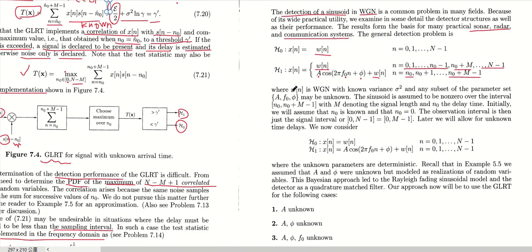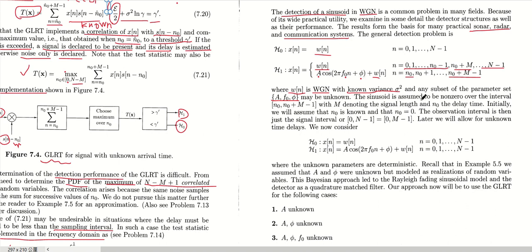Here w[n] is white Gaussian noise with variance sigma squared. Any subset of the parameter set, amplitude, frequency, and phase, may be unknown.